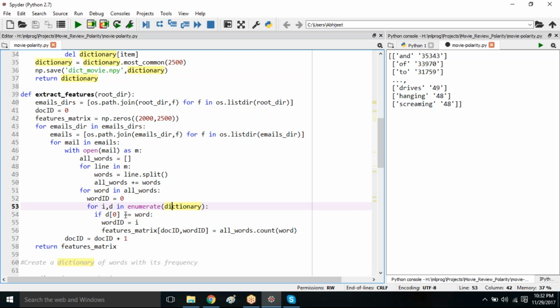So wherever the word and the dictionary matched, right?